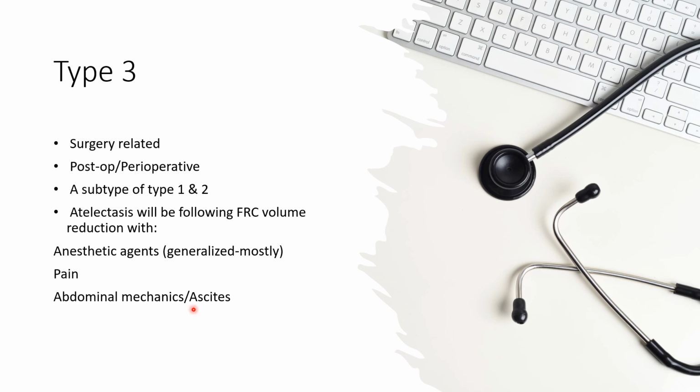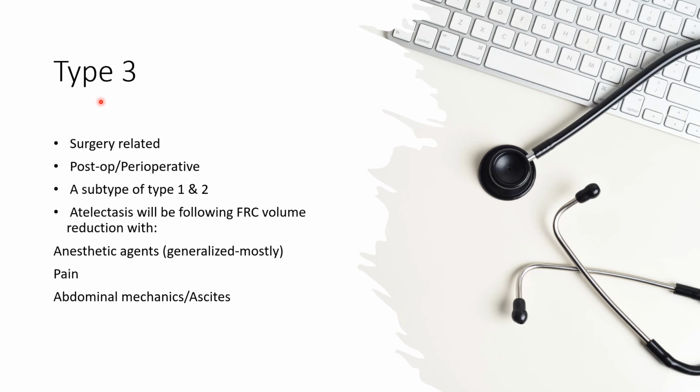Don't worry, we'll get into details in a bit. Hence, the lung unit in that particular part will be affected. It will collapse, and that is atelectasis. And when that has occurred, then we are dealing with type 3 respiratory failure.